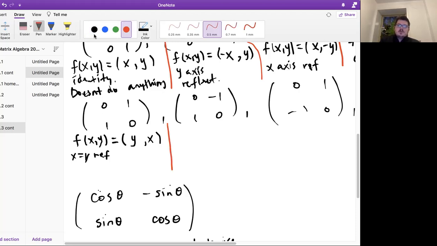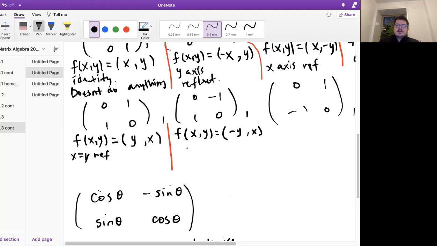And then what's this one here? Negative y, x. And do you remember which this one was?